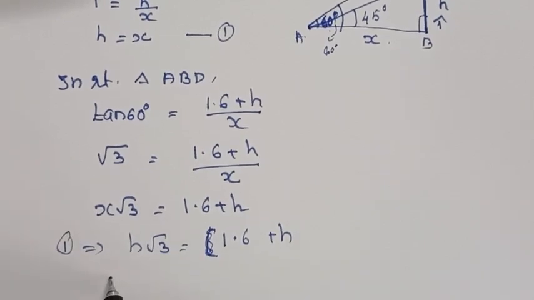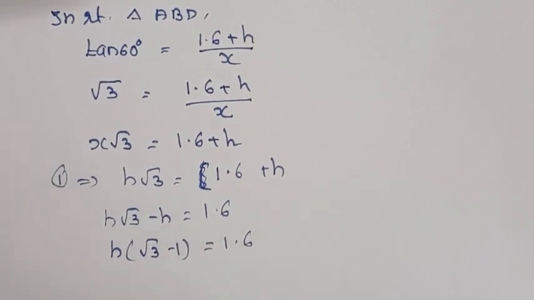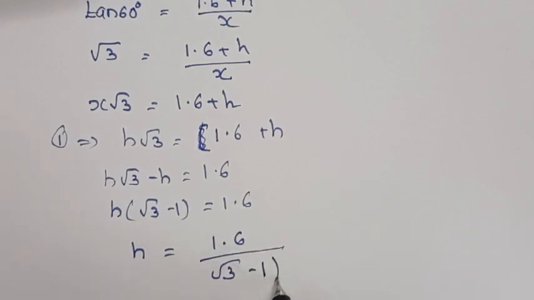Now collecting h, we get h root 3 minus h equal to 1.6. Take common factor h outside. Then we get h into root 3 minus 1 equal to 1.6. Therefore, h equals 1.6 divided by root 3 minus 1.